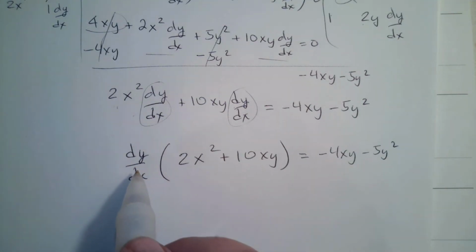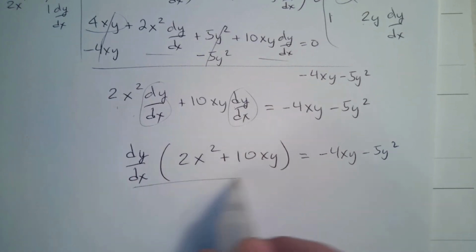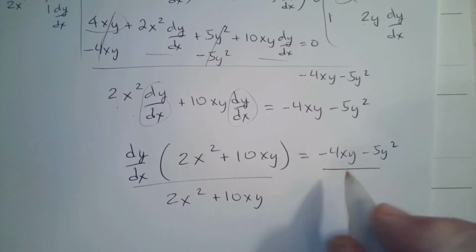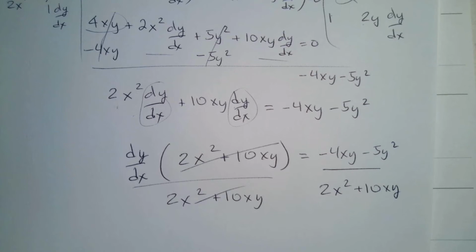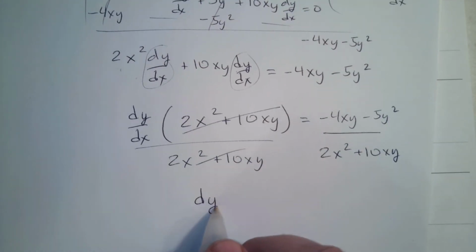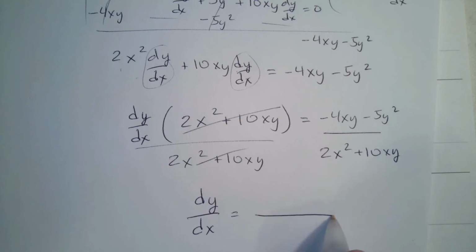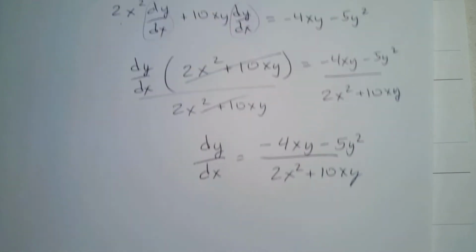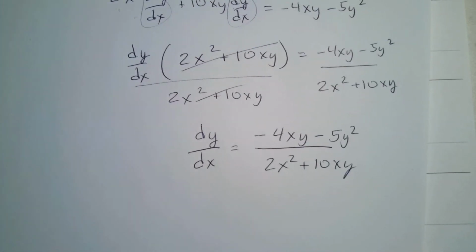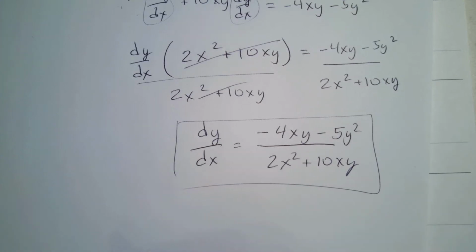Now, since I'm trying to get dy/dx by itself, I divide both sides by 2x squared plus 10xy. So that cancels. So dy/dx is negative 4xy minus 5y squared over 2x squared plus 10xy. And there's your answer for number 1.